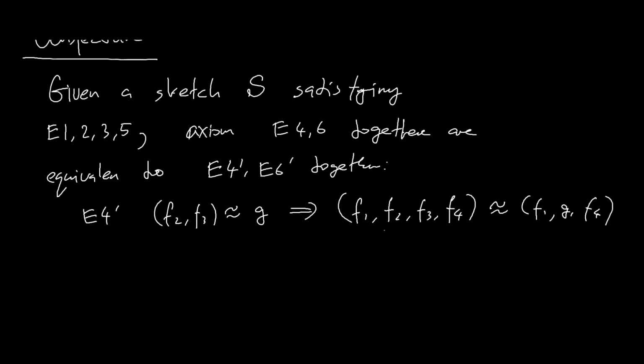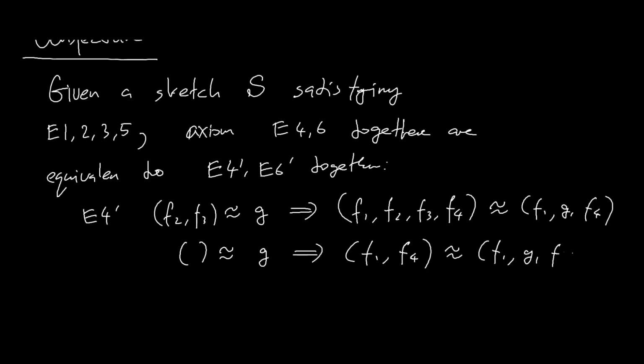I also need, in the case of length 0, so the empty case. So if the empty path is equivalent to some G, then F2, F1, F4 must be equivalent to F1, G, F4.